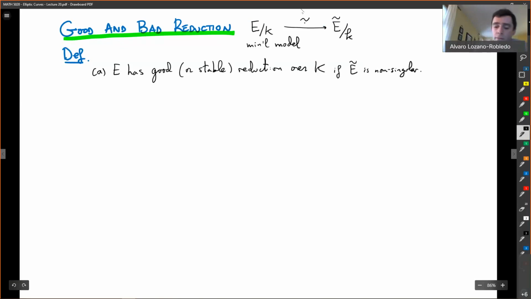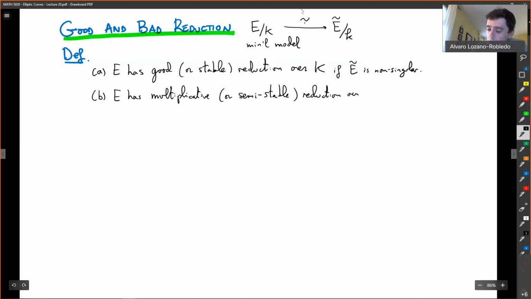We say that E has multiplicative, or semi-stable, reduction over K if E twiddle has a node singularity.